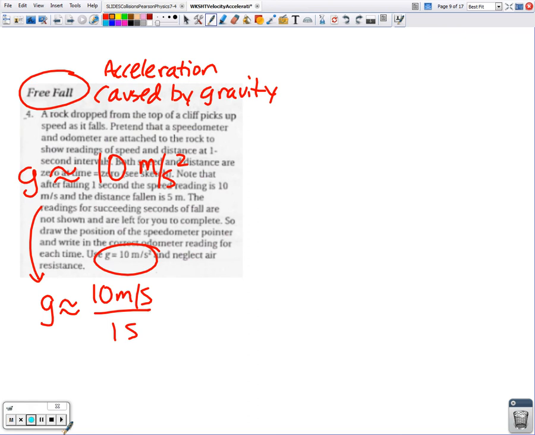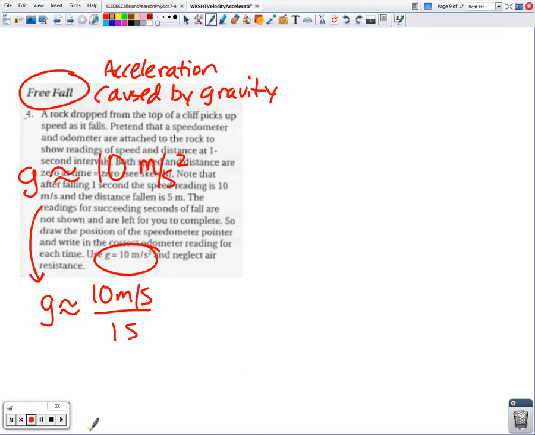Let's go more generally, not just that it's getting faster, but its velocity is going to change by 10 meters per second.